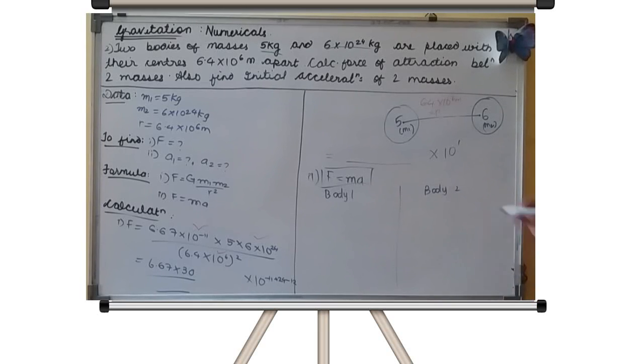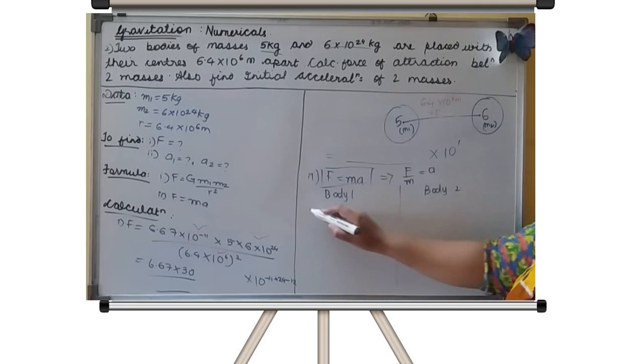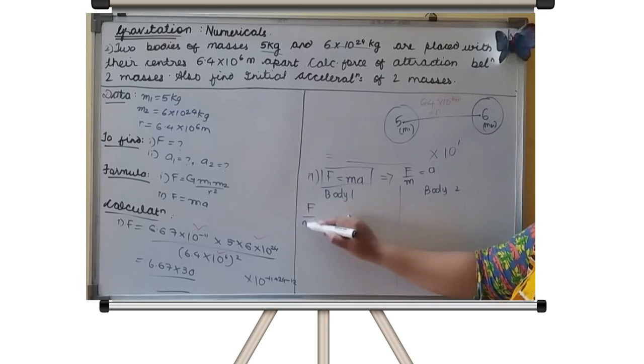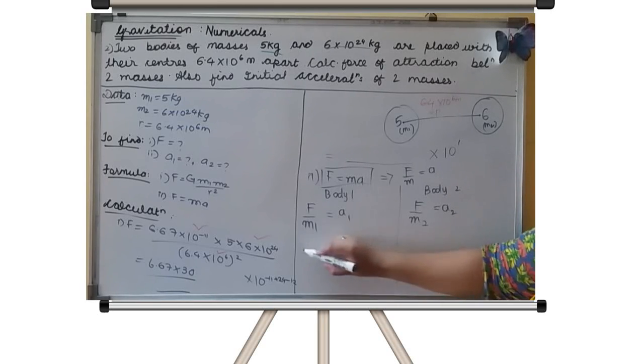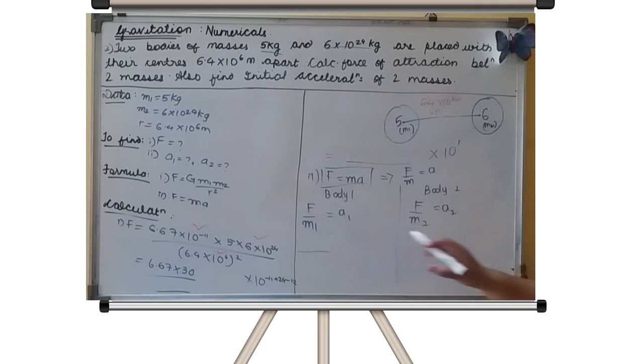Just rearrange the formula, as you have to find acceleration. So this becomes F by m equals a. You will substitute F by m1 for body 1 and F by m2 for body 2, and you will find acceleration 1 and 2. Got it? Force is constant here, so that's why I haven't written F1, F2 here.